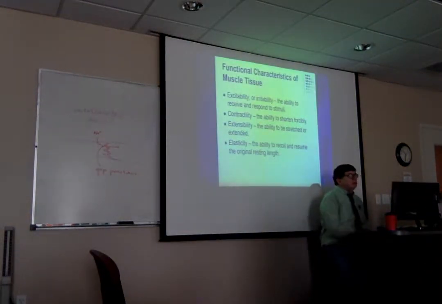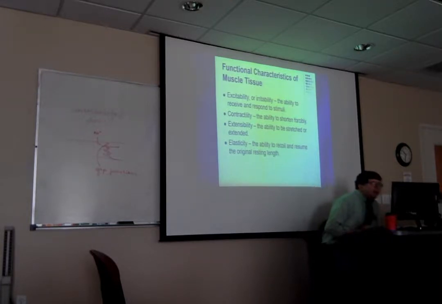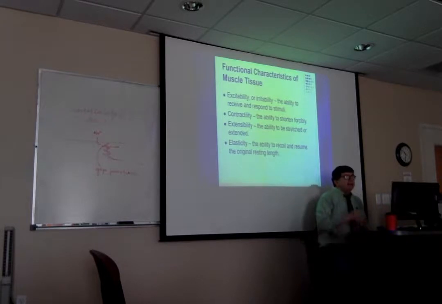All right, so let's talk about some characteristics of muscle tissue that make it special. It's excitable or irritable. That means that it can receive a stimulus and contract. Okay? It can respond to a stimulus. And that response, that's number two, is contractility, the ability to shorten with force.